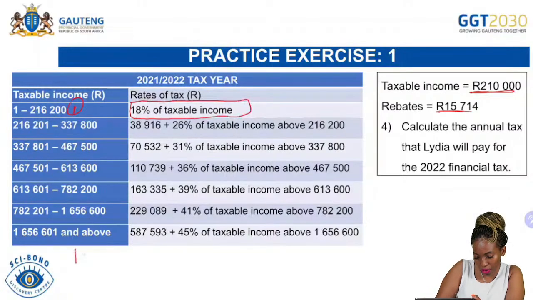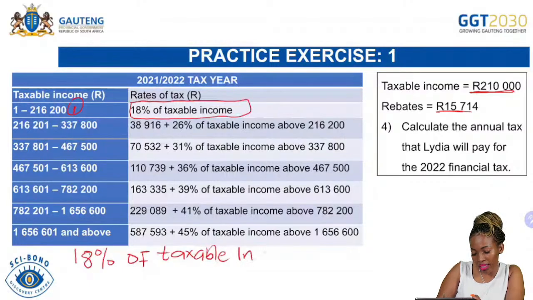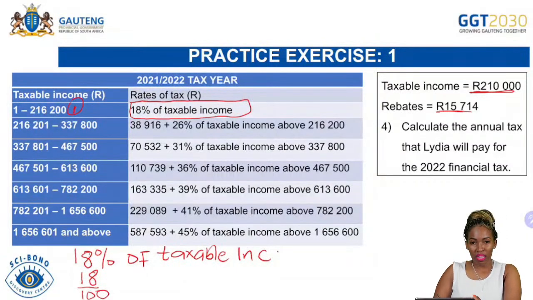So we'll rewrite the formula to say that it is 18% of the taxable income. I like to write 18% as 18 over 100. And in mathematical literacy, we know that of means multiplication.